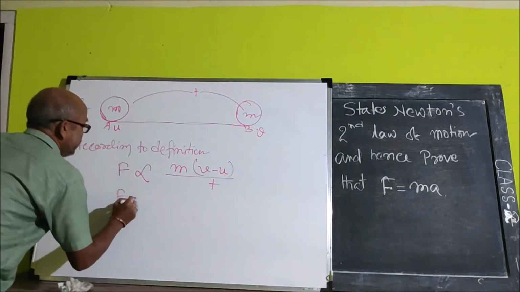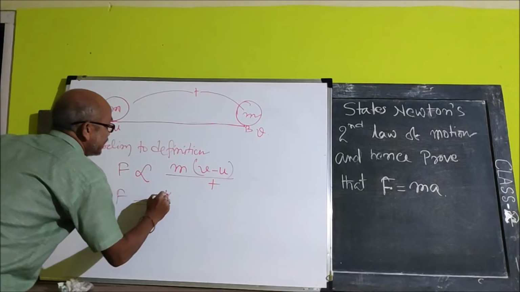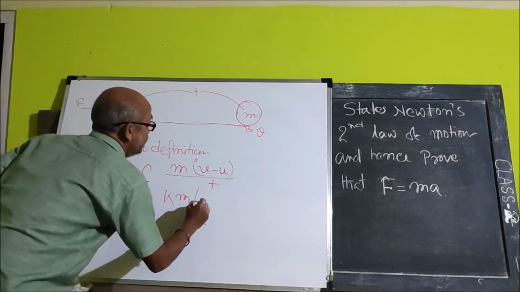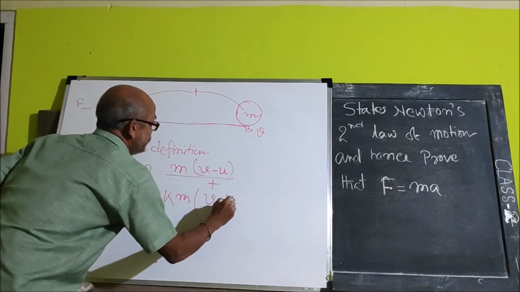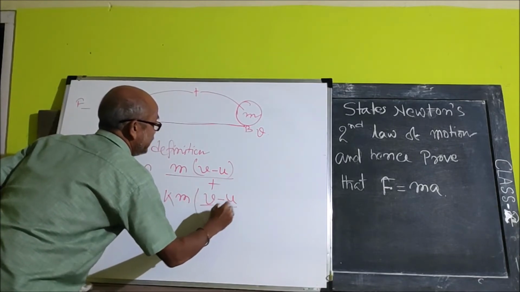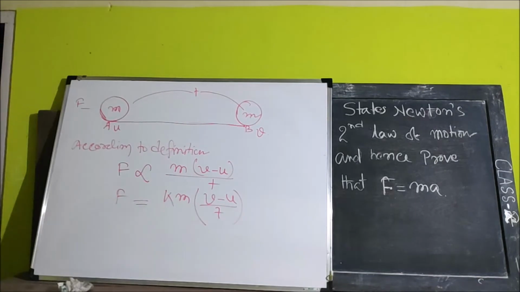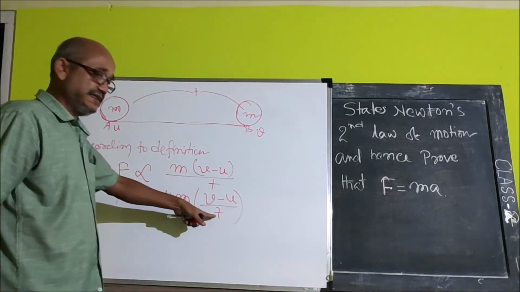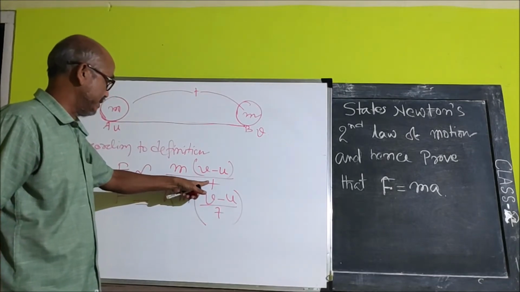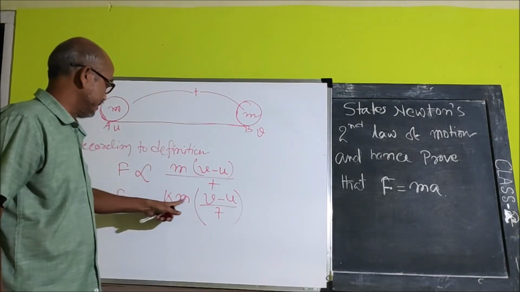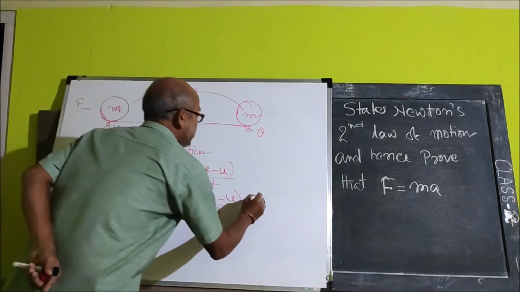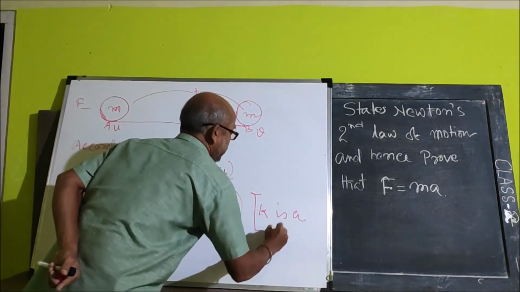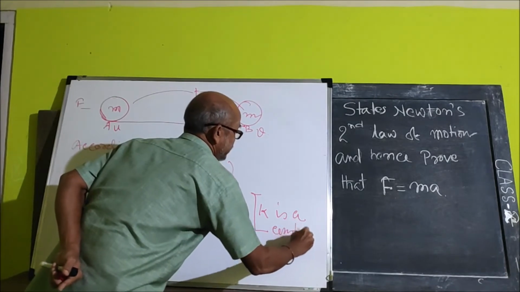So F equals k times m(v minus u) by t. Put the bracket like this. Here t is in the denominator, and k is a constant.